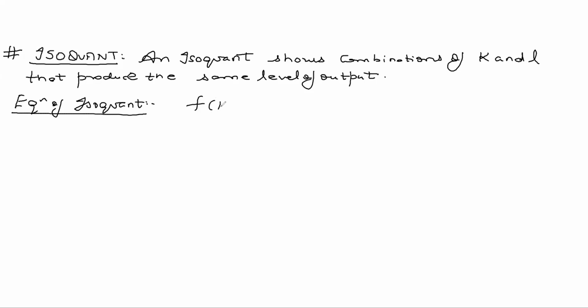F of K comma L is equal to Q0, fixed. So an isoquant is going to show you all combinations of capital and labor which produce the same level of output. The equation of the isoquant will be F of K, L equal to Q0, where Q0, which is the level of output, is fixed. All students know the properties of isoquants are similar to indifference curves.